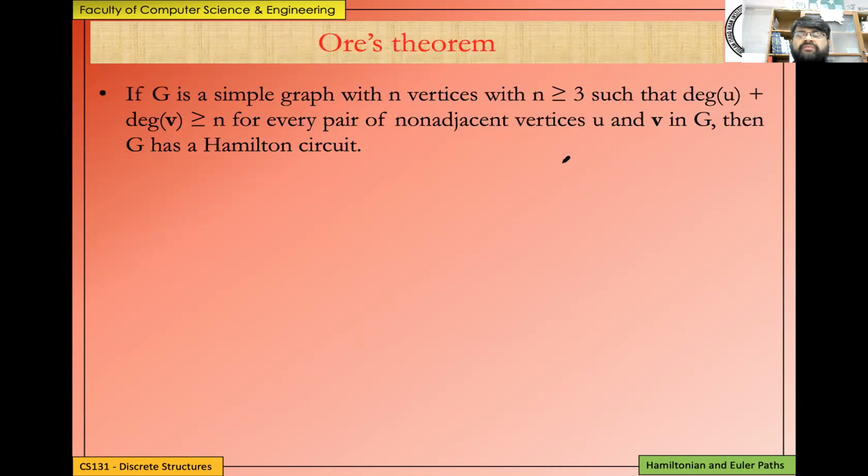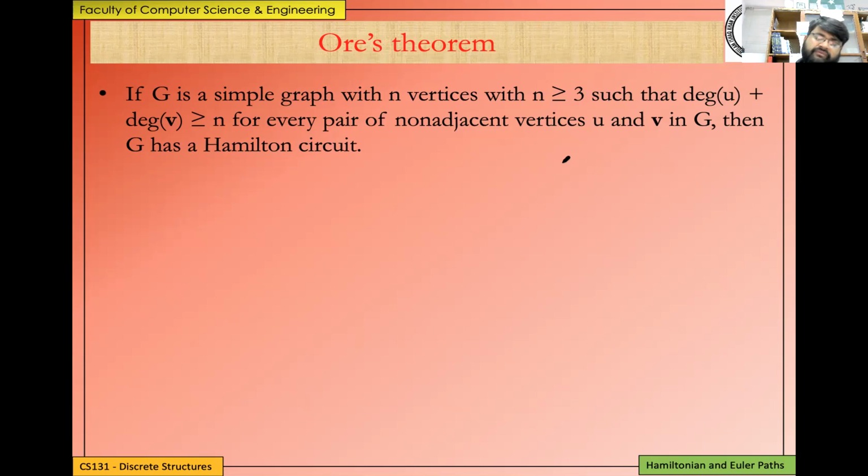Similarly, we have a theorem which we call Ore's theorem, and it states that if G is a simple graph with n vertices, with n greater than or equal to 3, such that the degree of u plus the degree of v is greater than or equal to n for every pair of non-adjacent vertices u and v, then the graph G will also have a Hamilton circuit.